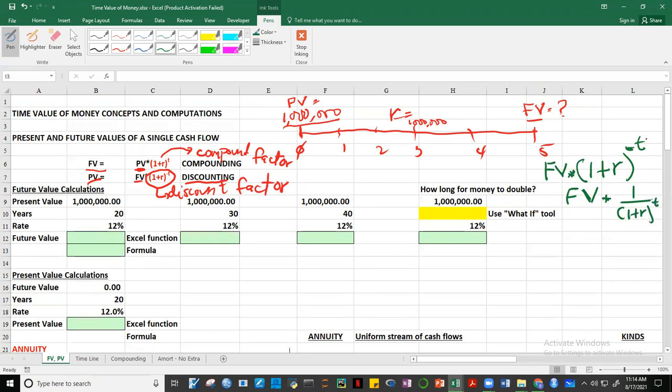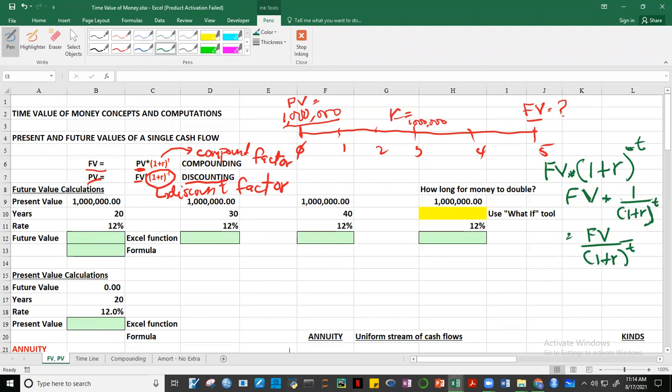So we convert the negative exponent into a positive exponent, but we have to get the reciprocal. It's 1 over that factor. So this can be written as FV over 1 plus r raised to the t.